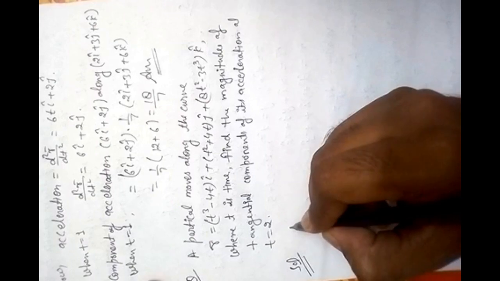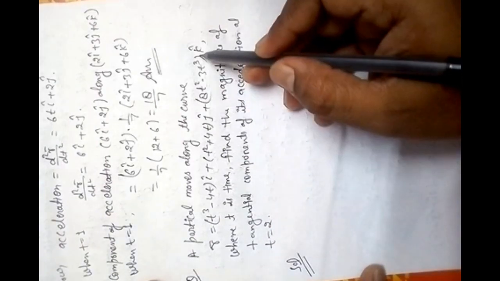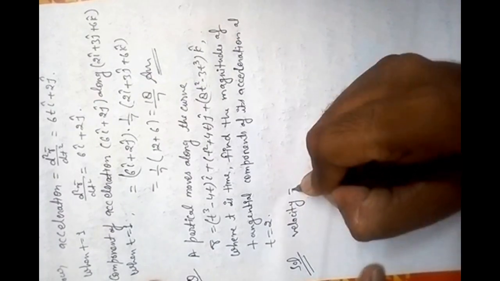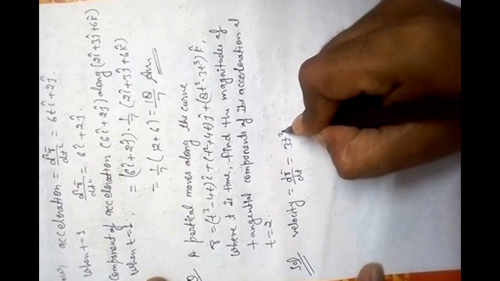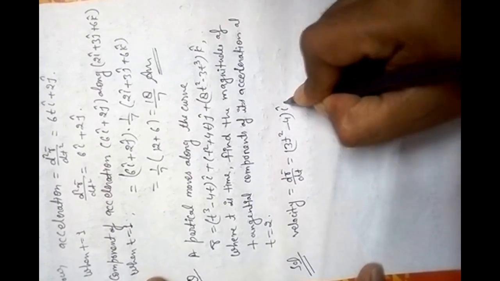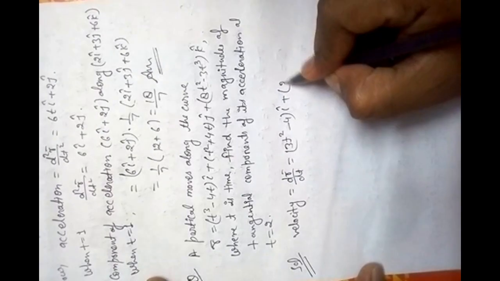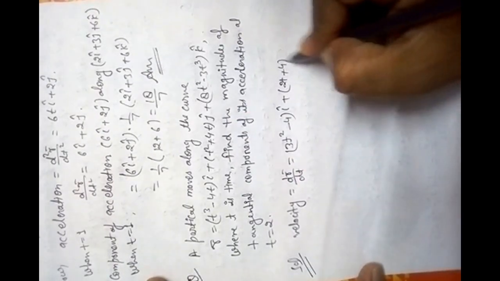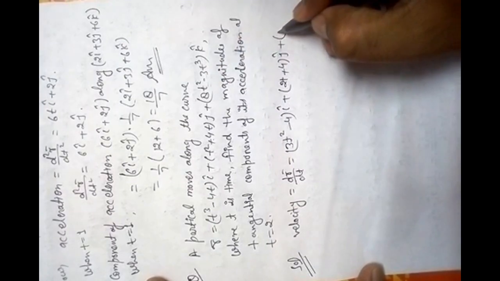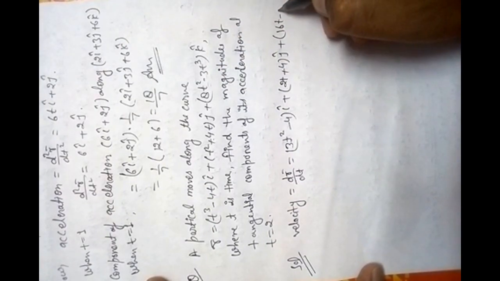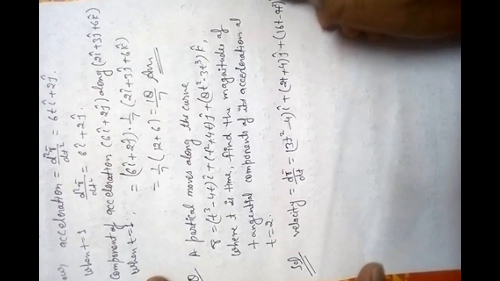Okay, for solution, here given r is equal to this one, so velocity is dr upon dt, that means (3t square minus 4) i plus (2t plus 4) j plus (16t minus 9t square) k.